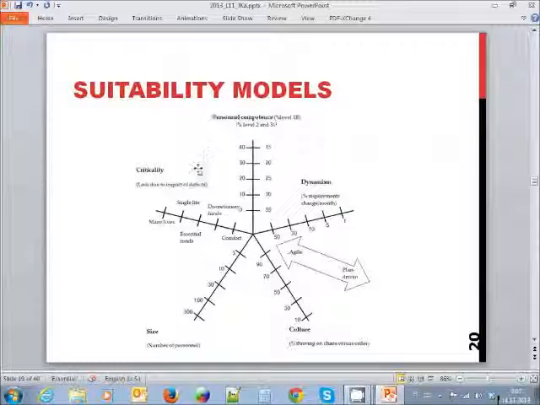The more comprehensive model could be something like this. It's basically a 5-dimensional suitability model. It has several things like dynamism, meaning how many requirements changes do we have. If there's only 1 or 5, then probably a plan-driven approach is fine.